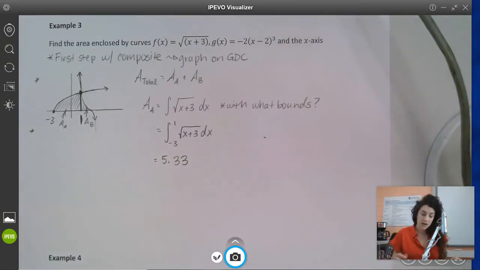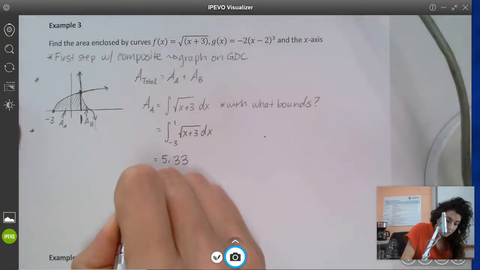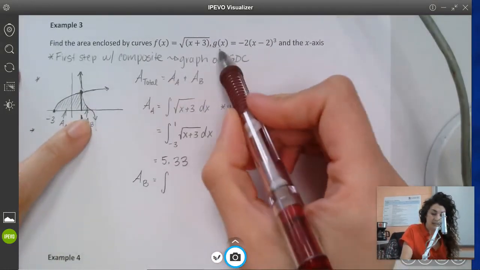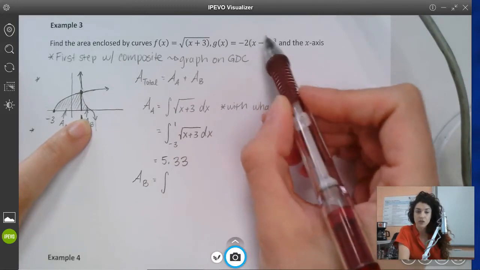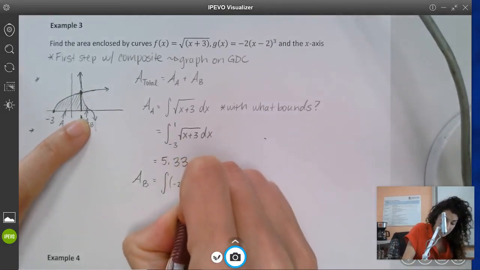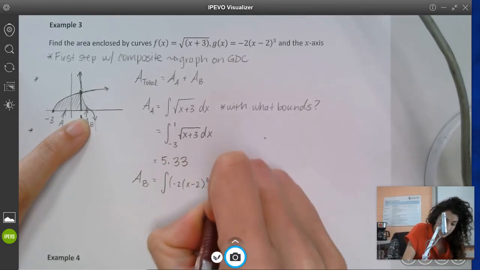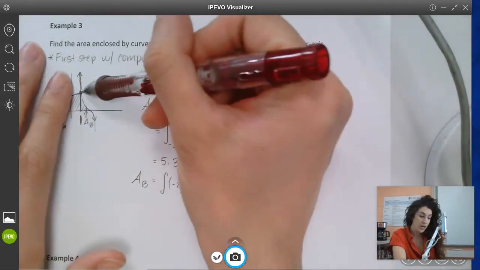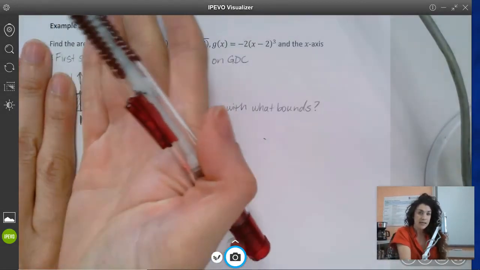Now, in order to find the area of B, it's the integral of our second equation, which is a cubic right here. So the integral of -2 times (x minus 2) cubed dx. And again, with what bounds? So we know that we're starting at 1 and then scaling across.